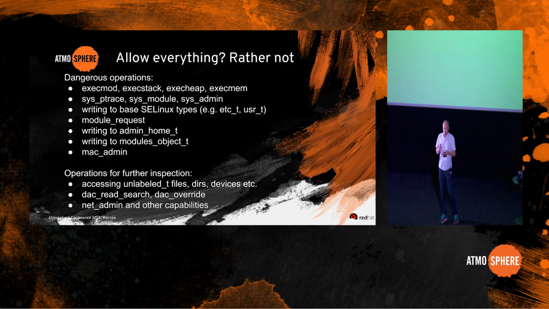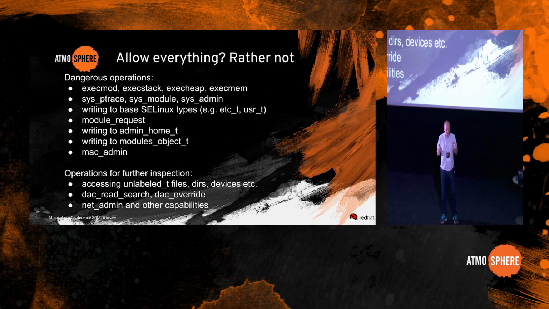So basically, the kernel and kernel modules are trusted. So if anything is broken with the kernel or kernel modules, SELinux, and I think no other security layer, will help you, because the kernel is already compromised. So there are other operations which are maybe needed, but further inspection is also needed.